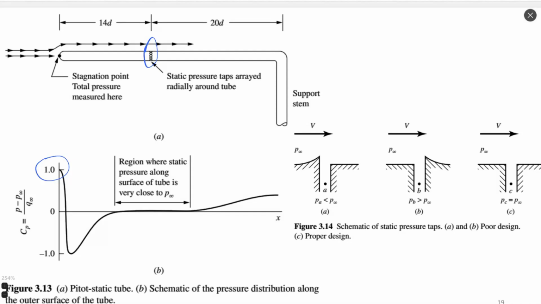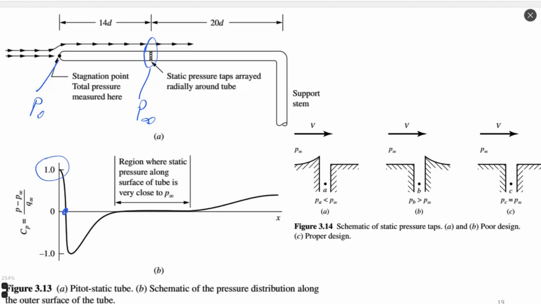Our goal is to measure P infinite by this side orifice, and by this tip we measure P0. So P0 we measure on the tip where Cp is equal to 1, so flow is stopped at this point, and we can measure. But side P infinite can be measured in two different points.